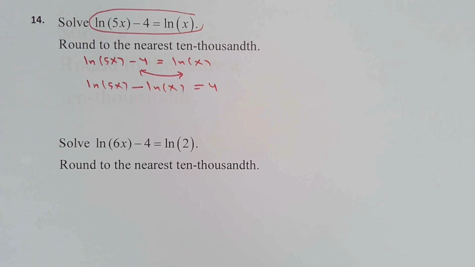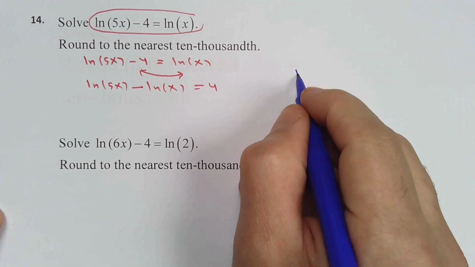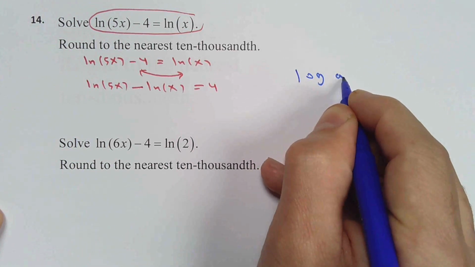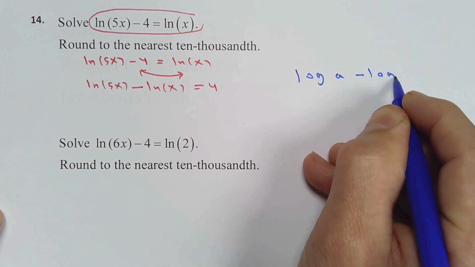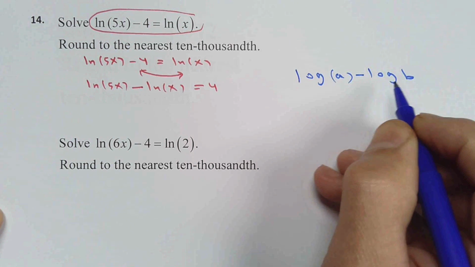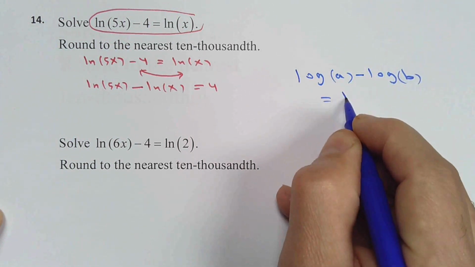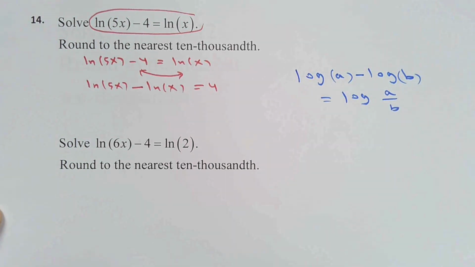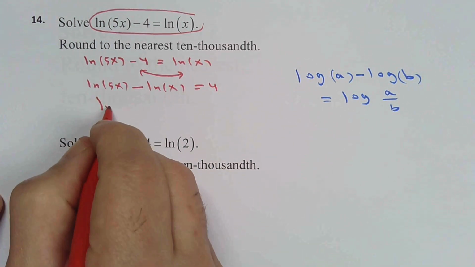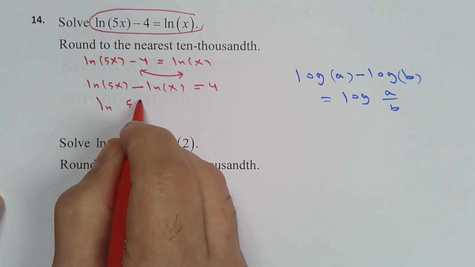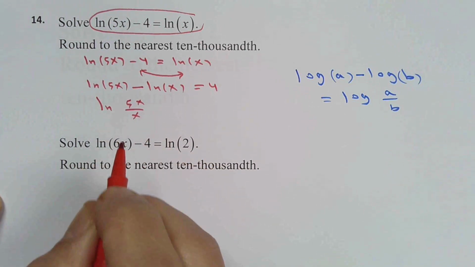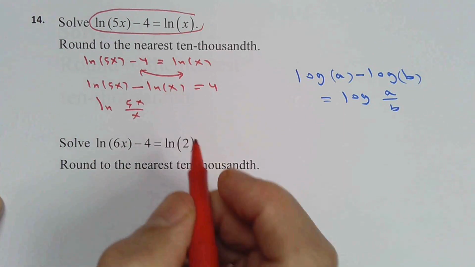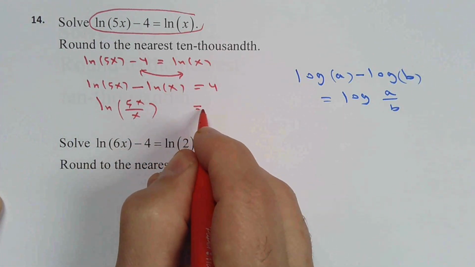One of the properties says that log a minus log b, of course, same base, would be 1 log with a over b. So the left hand side becomes 1 ln with 5x divided by x. That's my a, that's my b, equals 4.